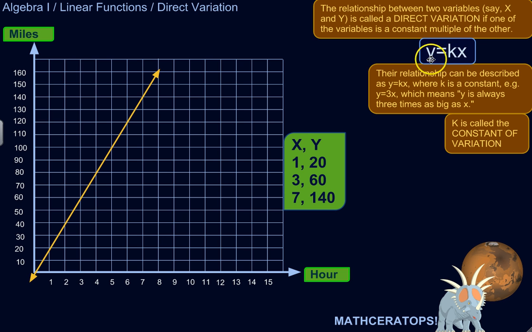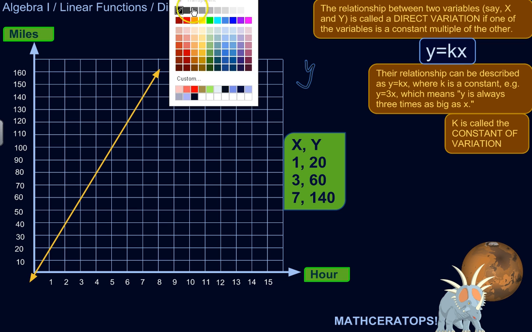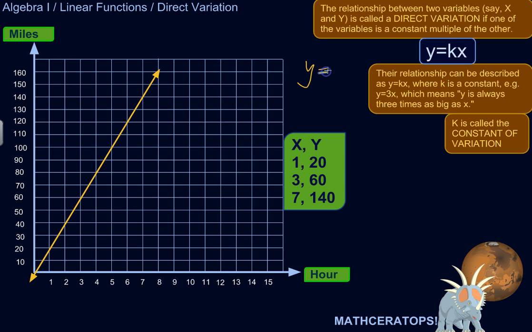it would look like this: y equals kx, where that k is just a constant, a number like 3. So if we have this direct variation that says y equals 3x, that means y is always 3 times whatever x is, right?